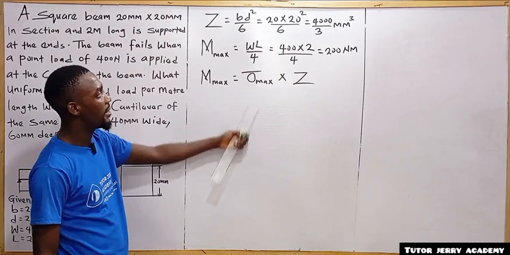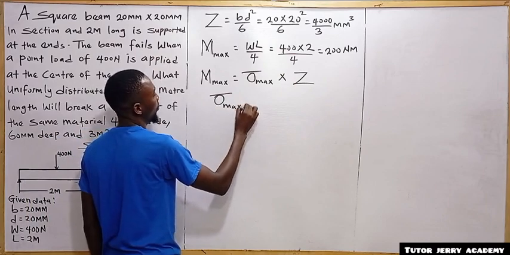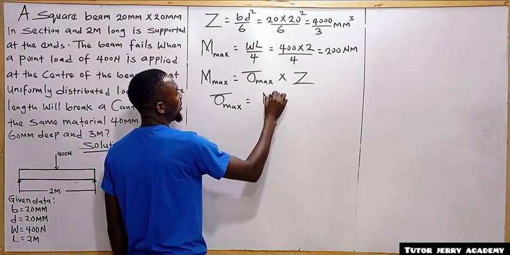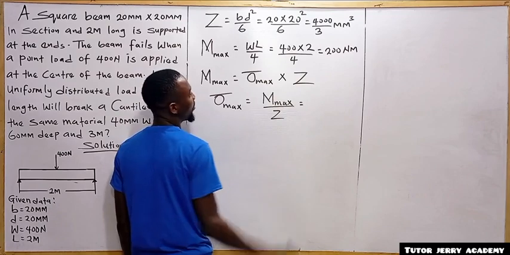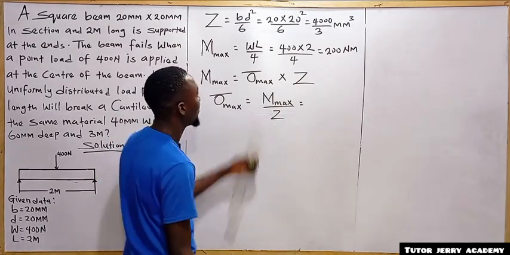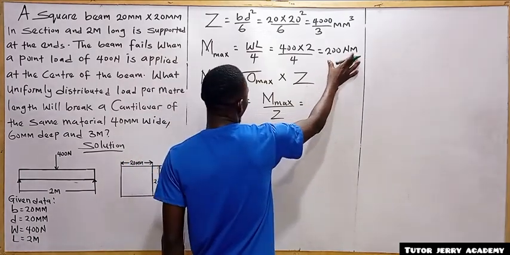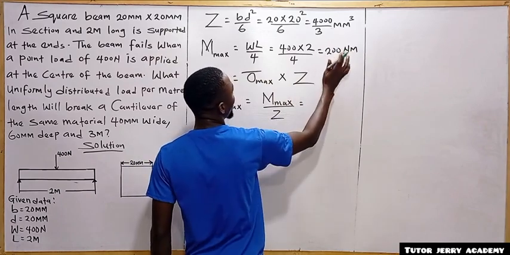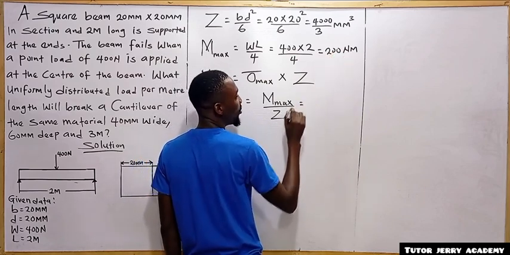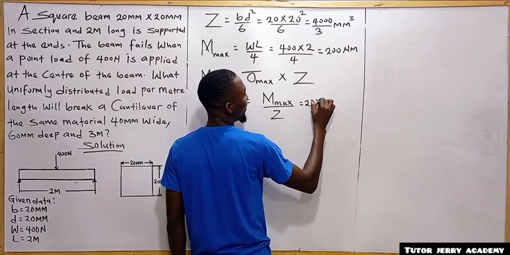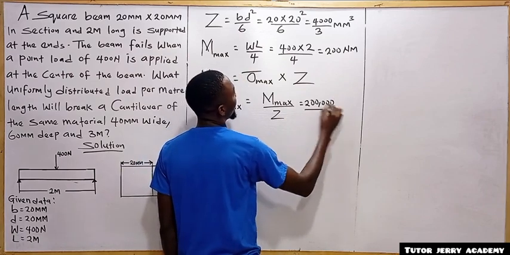If we make the maximum stress the subject, it equals the maximum bending moment divided by Z. Substituting, don't forget that the moment is in meters and Z is in millimeters. To convert to millimeters, we multiply by 1000, so this is 200,000, divided by Z.